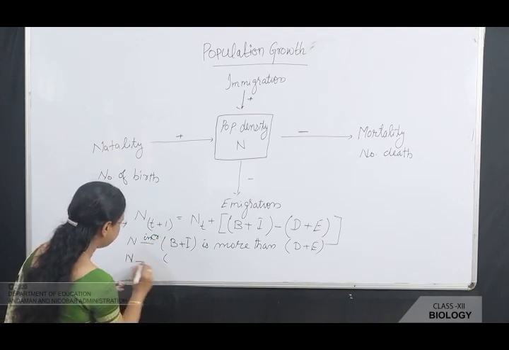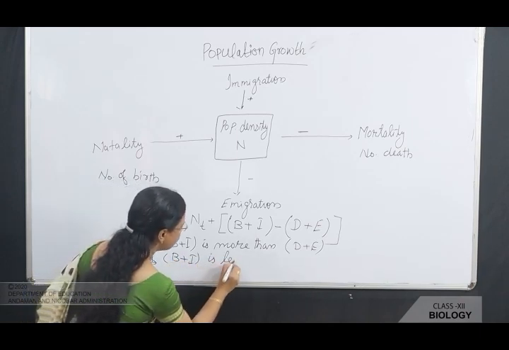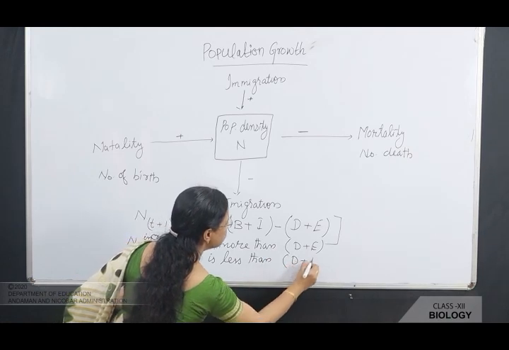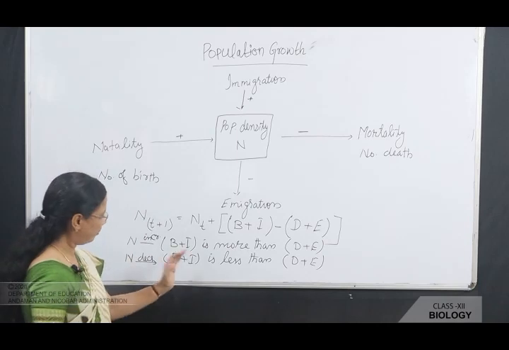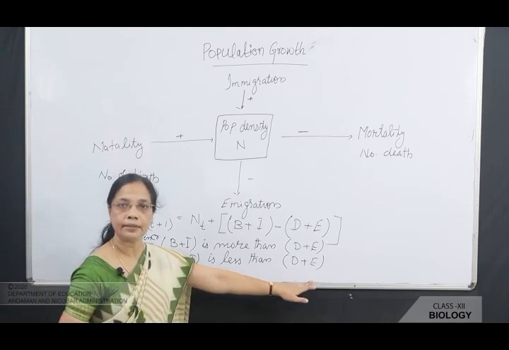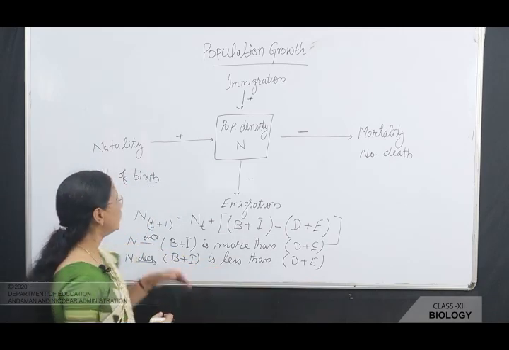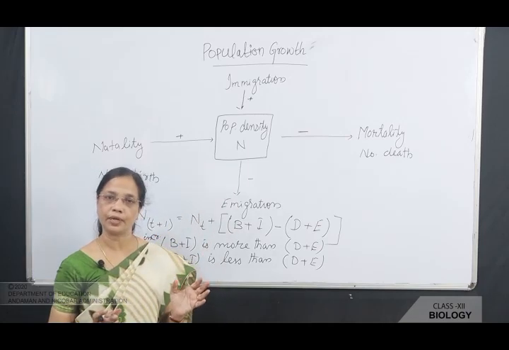Population density decreases when B plus I is less than D plus E. If B plus I is less than D plus E, then population density decreases. So, these are the factors which determine the population density of a particular area.